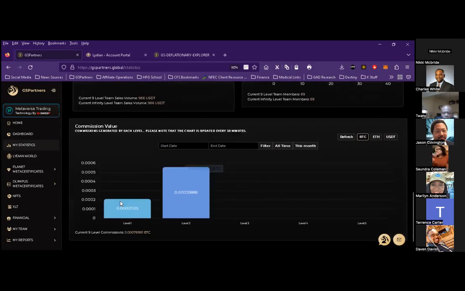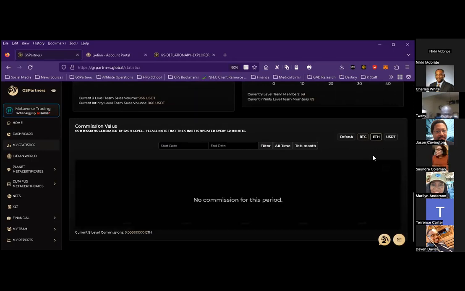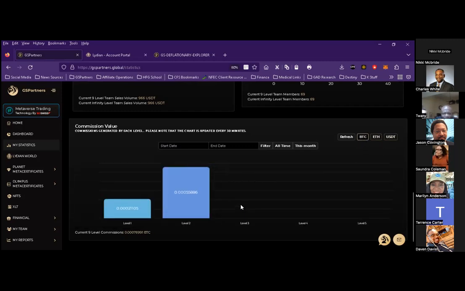And then a commissions value between different levels. Now, note that this is in Bitcoin. You can switch it over to Ethereum or USDT. They haven't implemented where you can see people using Tron or anything like that in this. I do expect that to happen sometime soon. Okay, so let's go back up to the top.